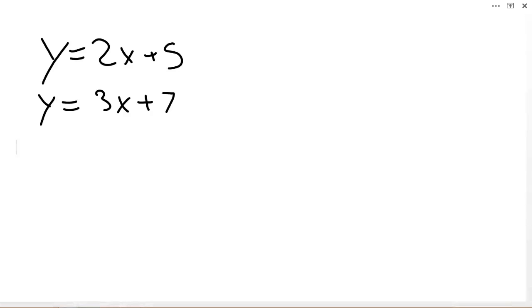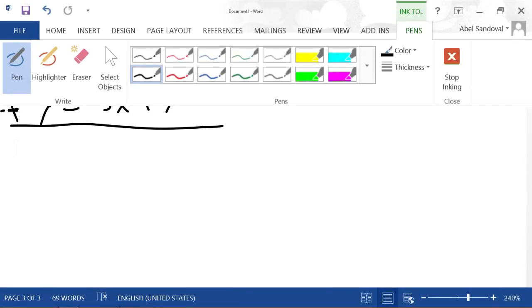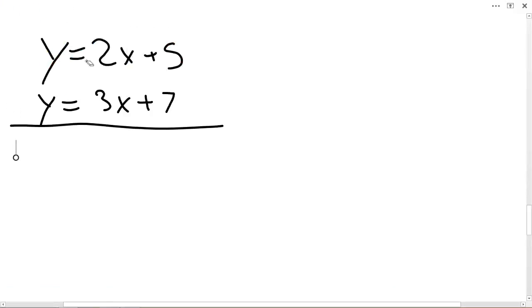So let's draw our line right here so we can add them together and put our addition sign. There you go. Okay, so let's add them together.